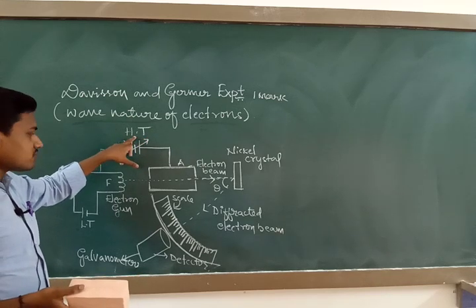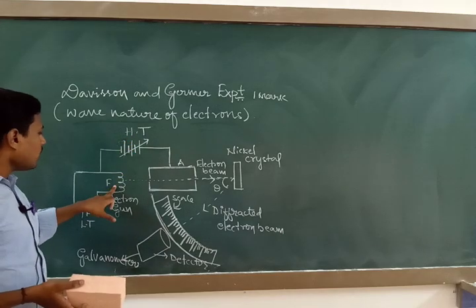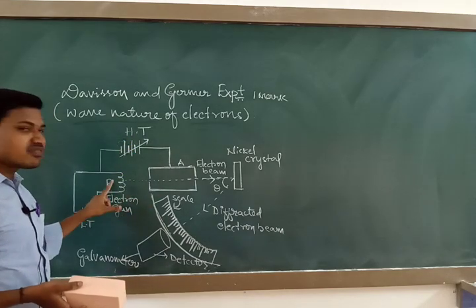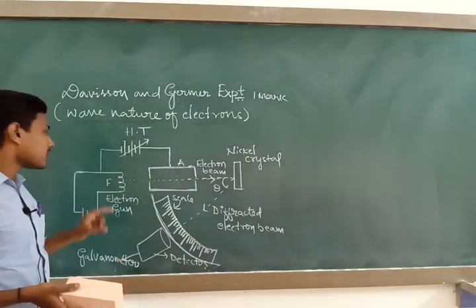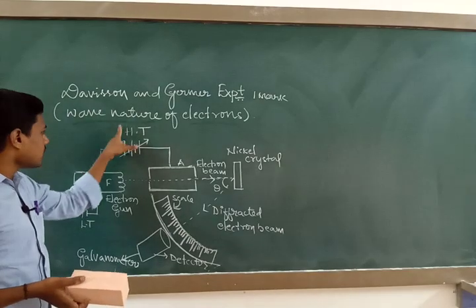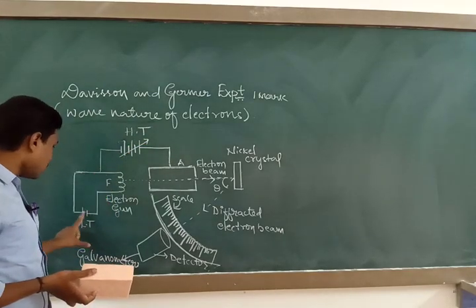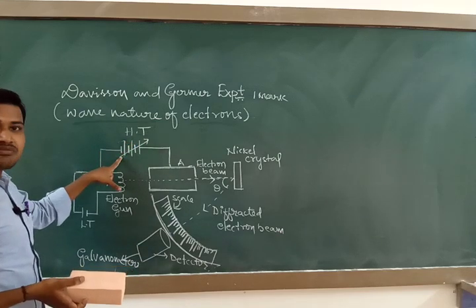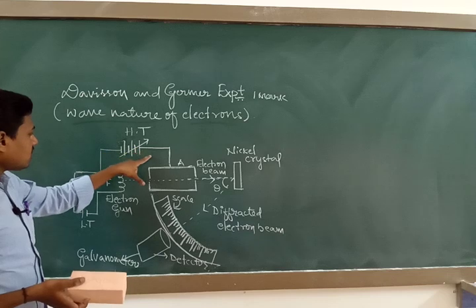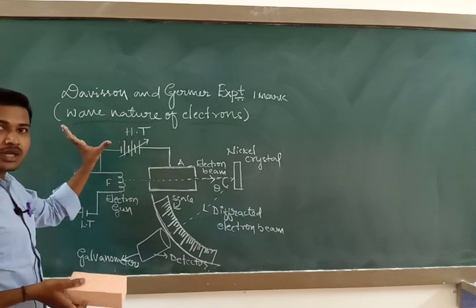What is the use of this high tension power supply? It will accelerate the electrons emitted from the filament. The filament emits the electrons due to the low tension battery, and these electrons are accelerated with the help of the high tension battery. Remember, this high tension battery has variable values, so I can vary the accelerating potential of the electrons to the desired values.